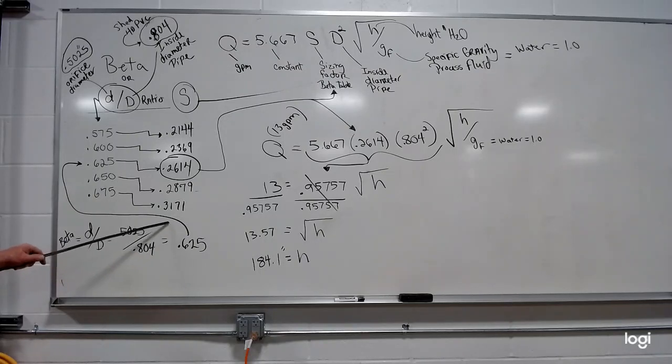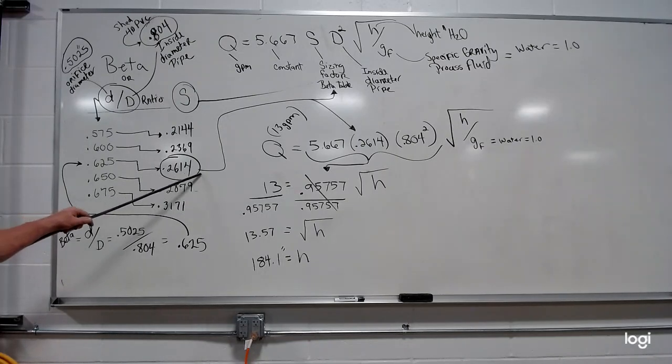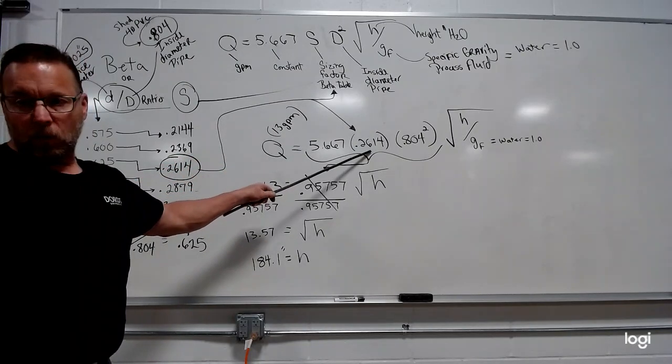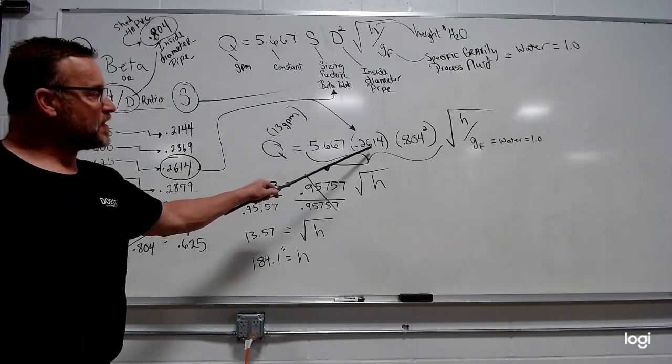Now you have to take your beta back to this table and look across to the other side and see what sizing factor number lines up with your beta. So at 0.625 beta, we come up with a sizing factor of 0.2614. We've taken that and plugged it into our formula where the S sits. So now we have sizing.